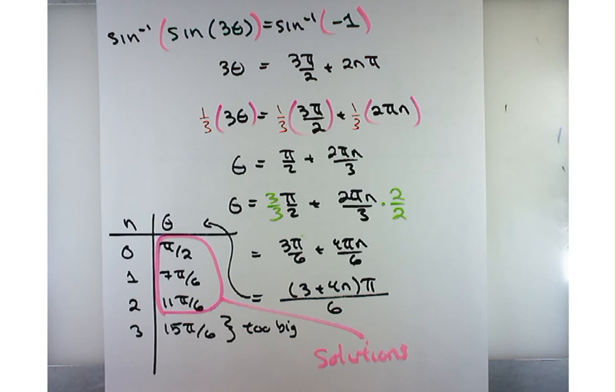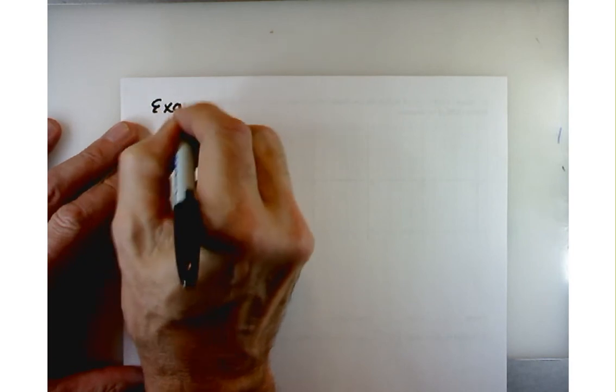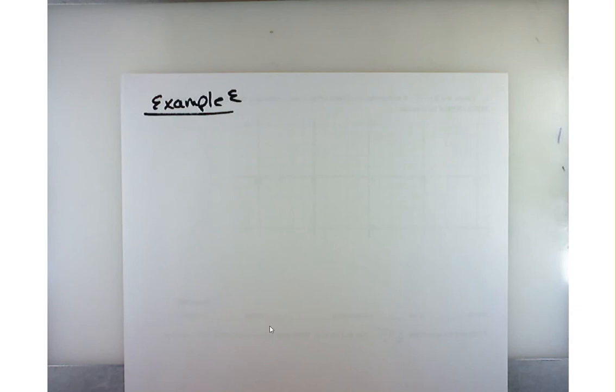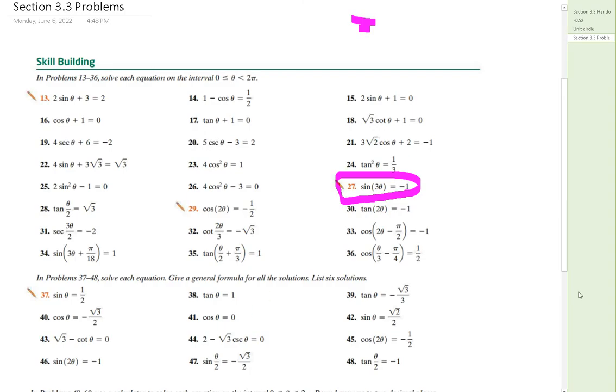Let's keep going. Let's try problem number 44. So 44, again, let me show you what that looks like in what would be the textbook if you had a printed copy of it.